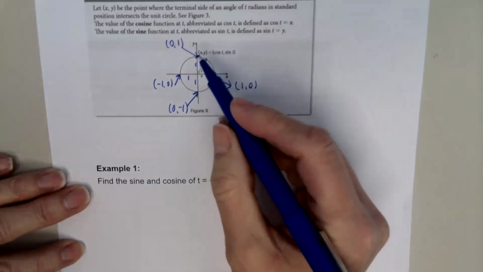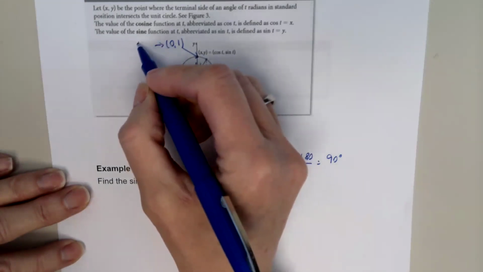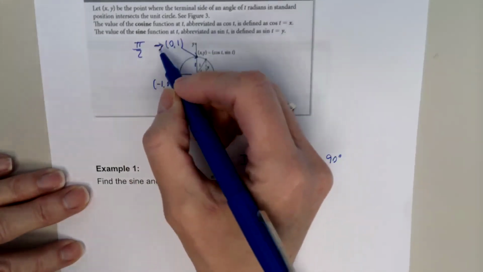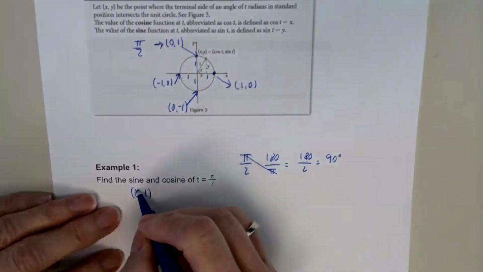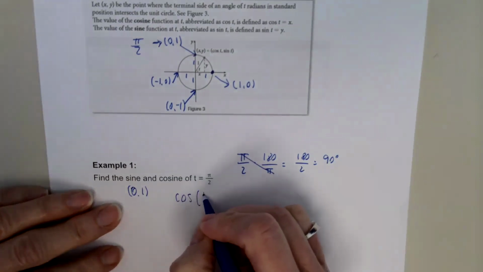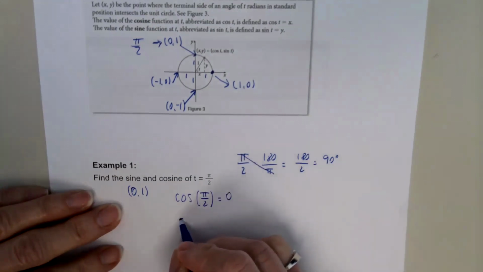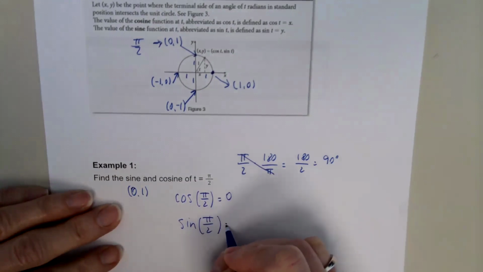So that is right here, at pi over 2. This is the coordinate point (0, 1). So that means that cosine of pi over 2 is 0, and sine at pi over 2 is a positive 1.